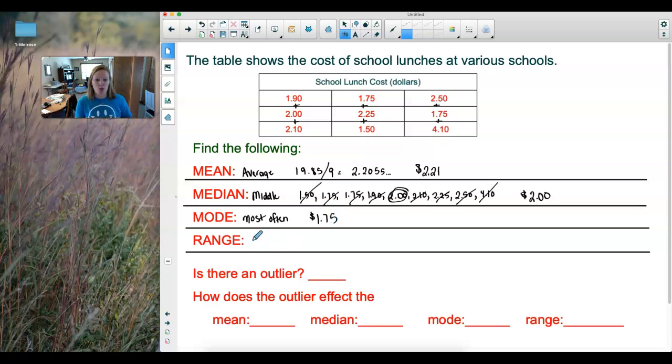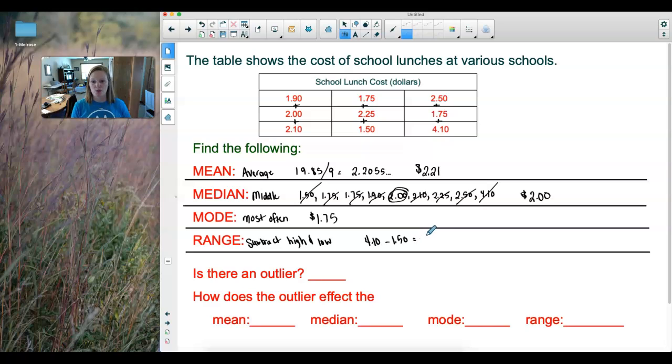Okay, the range is when you subtract the high and the low numbers. So to find my range, I need to do $4.10 minus $1.50. Okay, that would be $4.10 in my calculator minus $1.50 is $2.60 as my range.